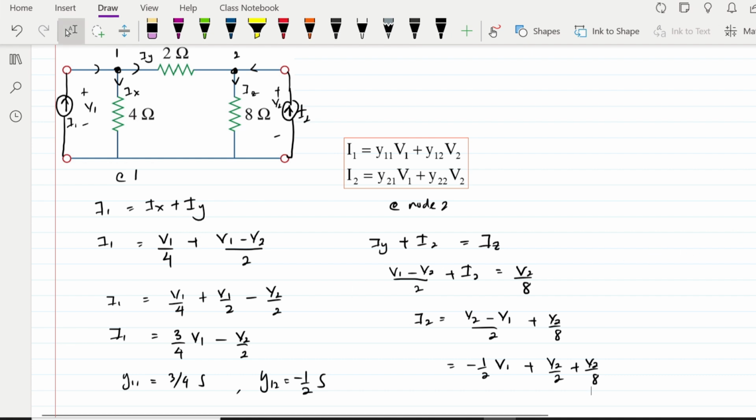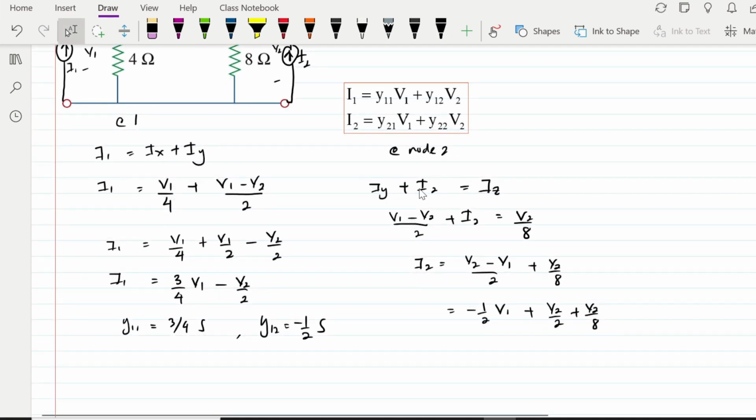This is I2. We need to simplify the equation so that we only have one coefficient per variable. So 4 plus 1, I multiply by 4 to make it equal. So 1 times 4, 4 plus 1 is 5 over 8. So negative 1 over 2 V1 plus 5 over 8 V2.